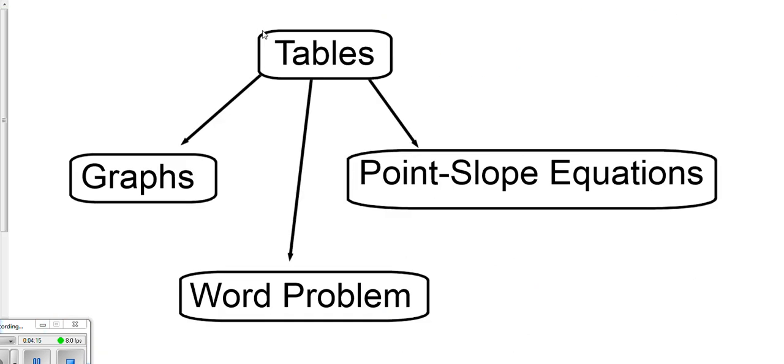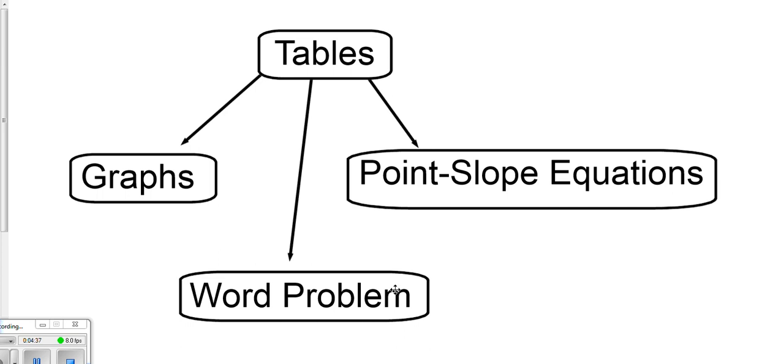So, if we are given a table, what can we do with that? Well, if a table's just a bunch of points, you could graph them. You could plot them all out and see where they lie visually. If they happen to give you points and you figured out the slope, you could do point-slope equations. And you can even figure out a word problem.